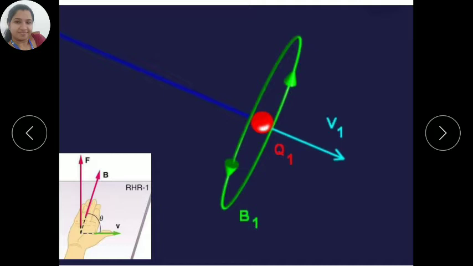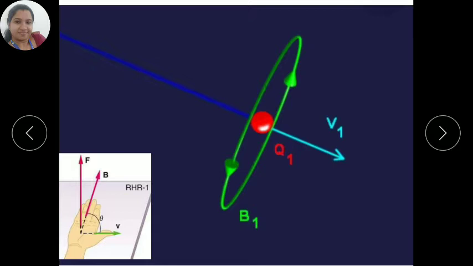Then we can go to the standard definition of magnetic field. Here in red color we represent a charge Q1. It is moving with a velocity V1. If a charge is moving with a velocity, it produces a magnetic field. This was verified by a physicist called Oersted. According to him, if a magnetic needle is brought near to this charge, it will get deflected.